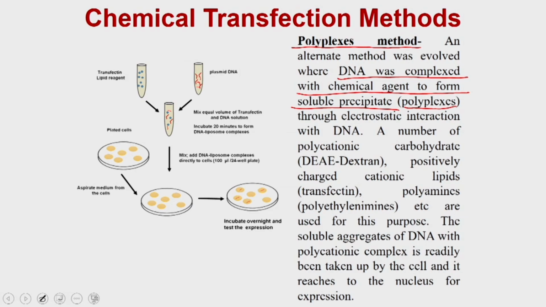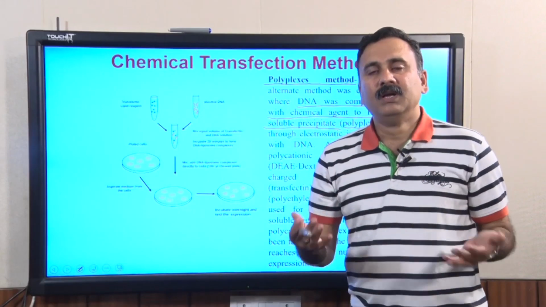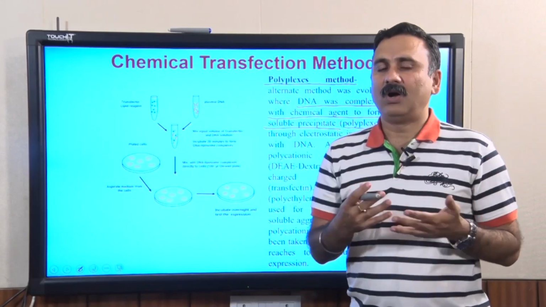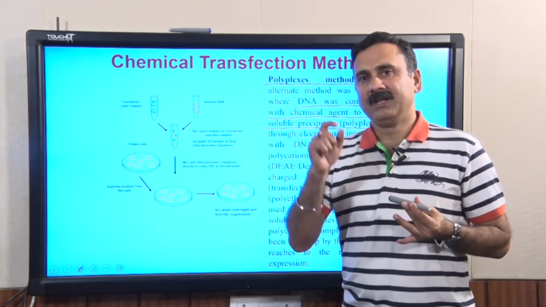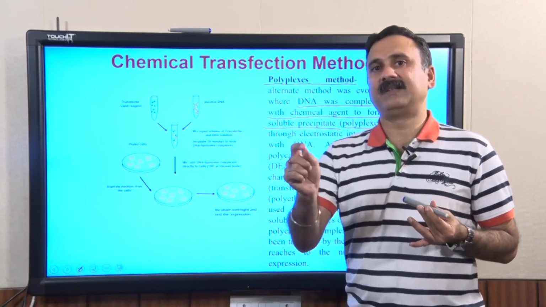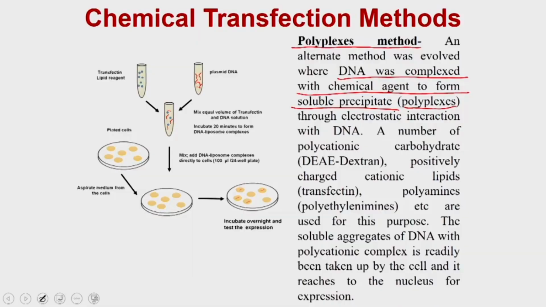Whereas in the polyplexes method you will use polymeric substances which are going to form aggregates of a defined size. These polyplexes make the complex with the DNA through electrostatic interaction, which means the DNA is going to be negatively charged, and the material you use for making the precipitate is going to interact with the DNA with a positive charge.